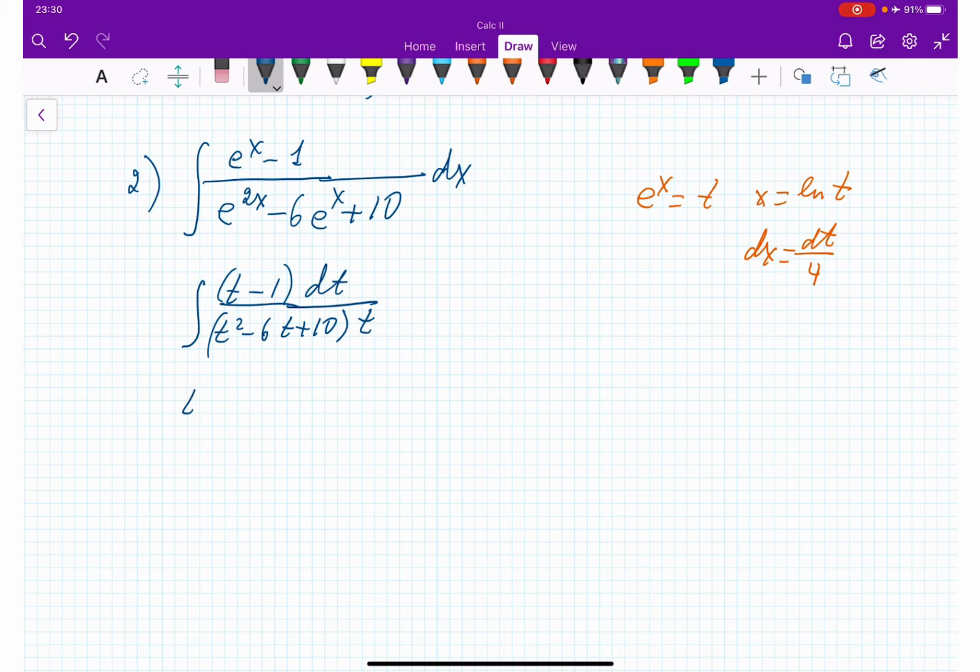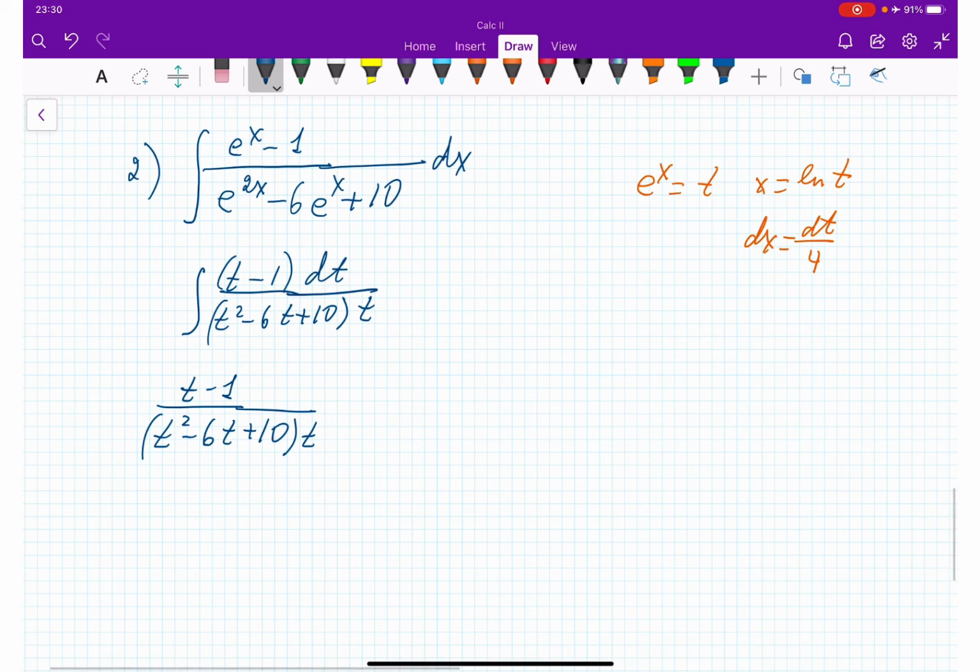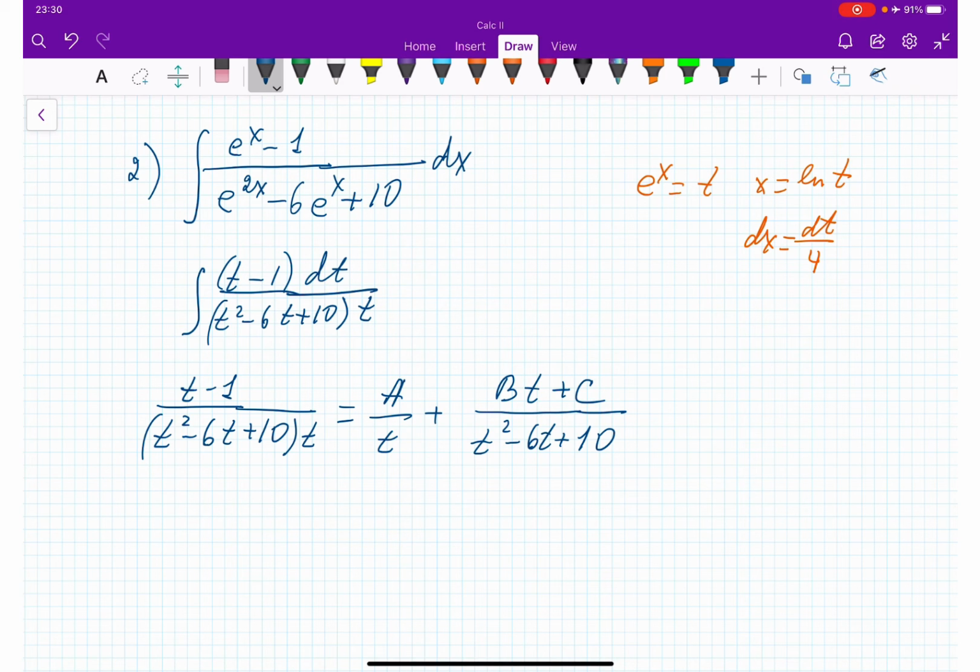So t minus 1 over t squared minus 6t plus 10 multiplied by t is going to be equal to a over t plus, since t squared minus 6t plus 10 has degree 2, in the numerator I'm going to have bt plus c, a linear expression. So we need to find a, b, and c.